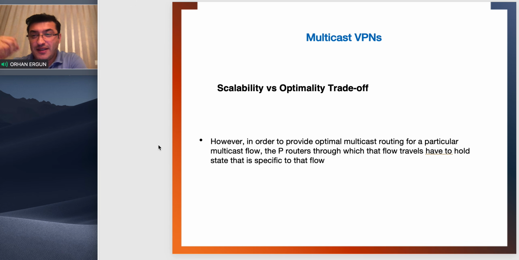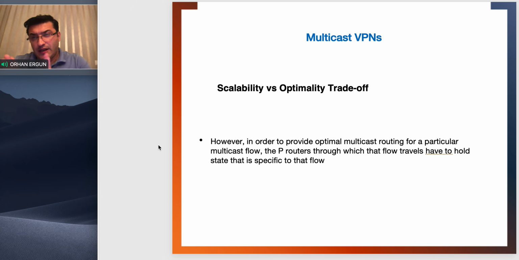Later on we will see there is a new architecture called BIER, and now we are winning from both scalability and optimality points of view. Obviously there is also a trade-off there, but from many aspects it may be a better multicast architecture. Okay, but let's go there slowly. What is this trade-off?